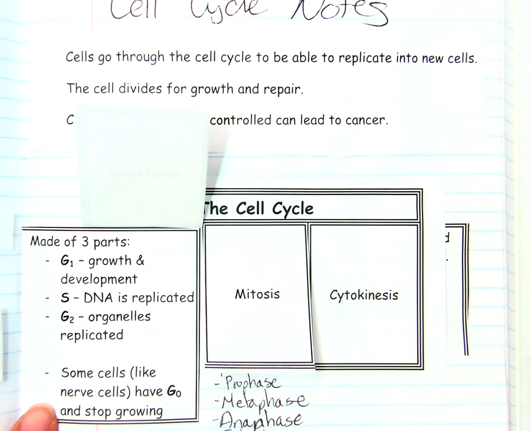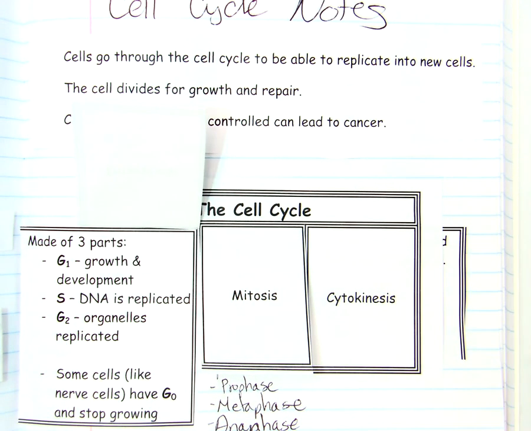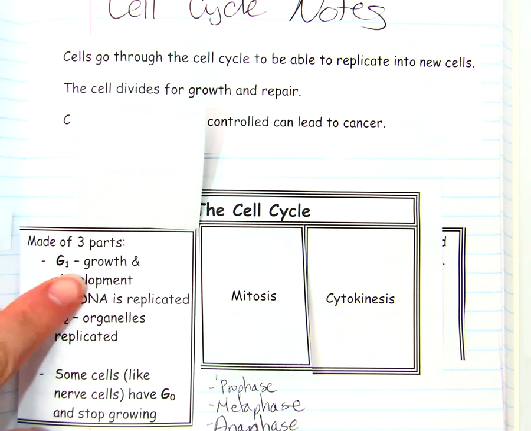Some of the cells in your body, things like nerve cells, brain cells, have a phase called G0. It's a resting phase. They're not doing any more growth and development, kind of like they're taking a break from the cell cycle. That's why people who get in car wrecks, damage their spinal cord, or a brain injury don't always recover, because most of your nerve cells don't grow anymore.